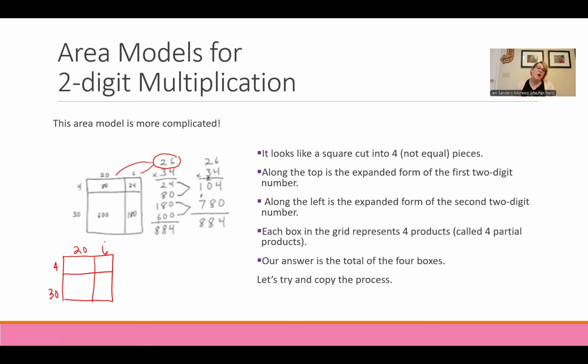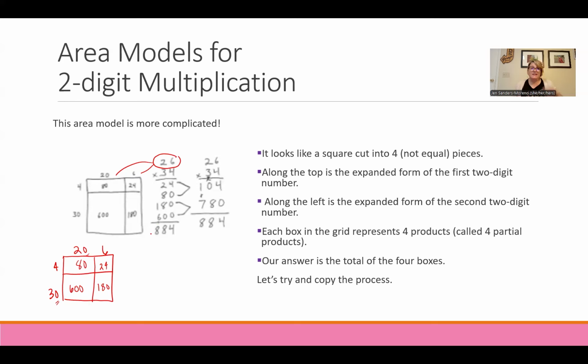And then all we're going to do with these area models is find the area of each of these little boxes. So 6 times 4, 4 times 20, 6 times 30, and then 20 times 30. 20 times 30 would be a 6, and then we'd have 2 zeros that we'd want to add to it.